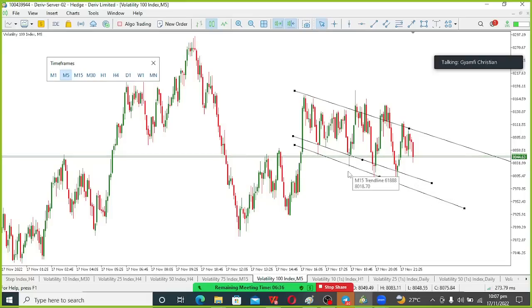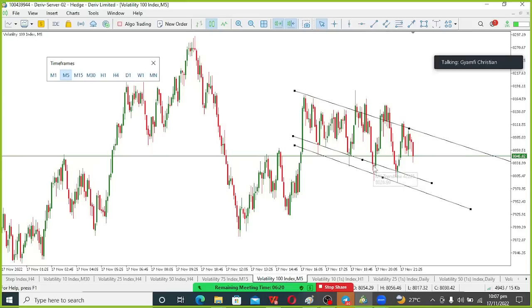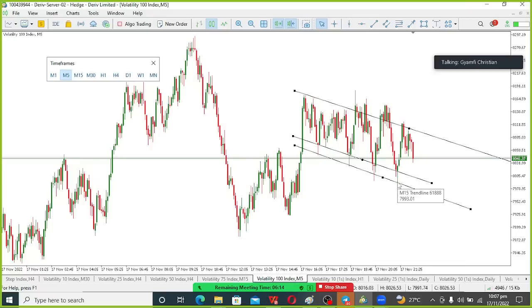You see, we have a lot of wicks here, and most of them, when you consider this first wick, and then the second point, you see, when you extend this wick, you see this wick was able to cross the line, but then the fourth one also came to hit on the same level, and then it returned.